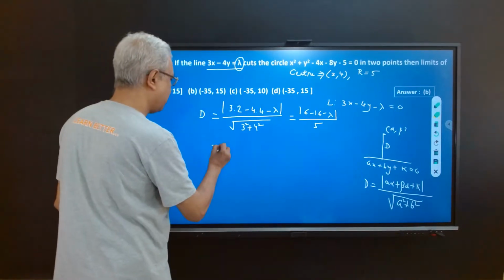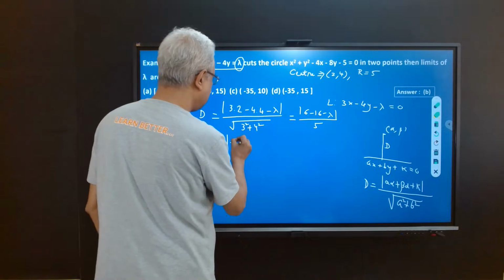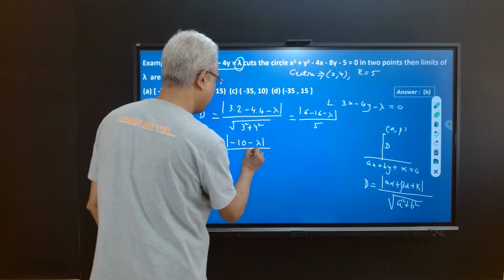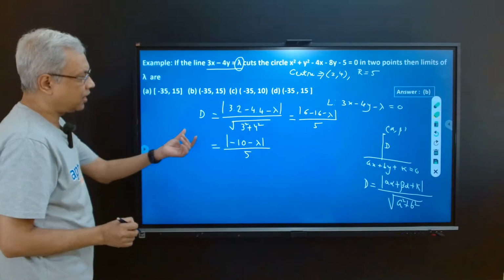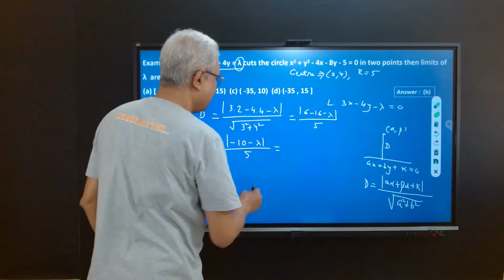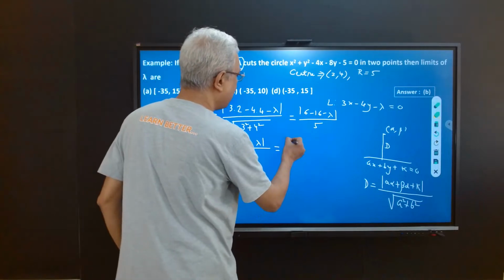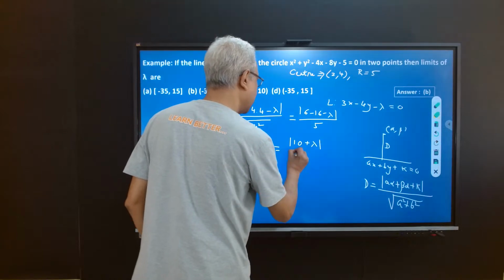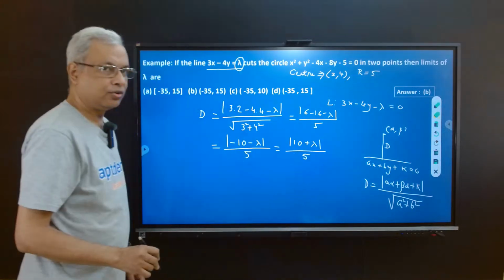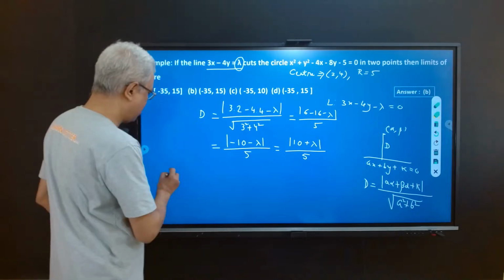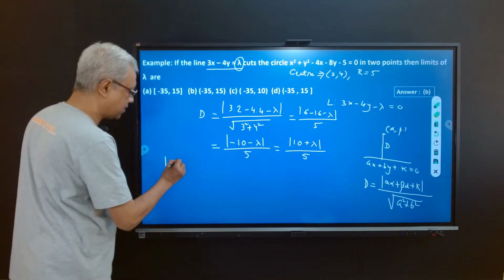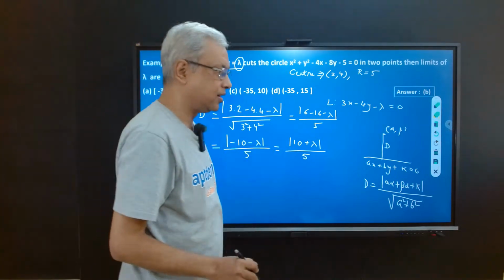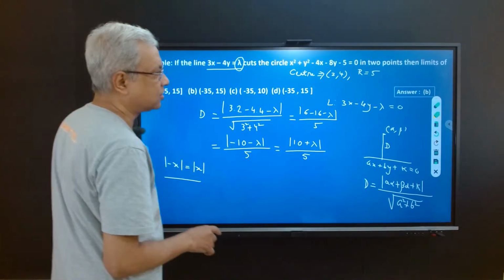So mod of 6 minus 16 is minus 10, minus lambda, divided by 5. Minus 10 minus lambda, I can take the negative out, so it is mod of 10 plus lambda, divided by 5. No doubt about it, because you know mod of minus x is equal to mod of x. So this is the distance.